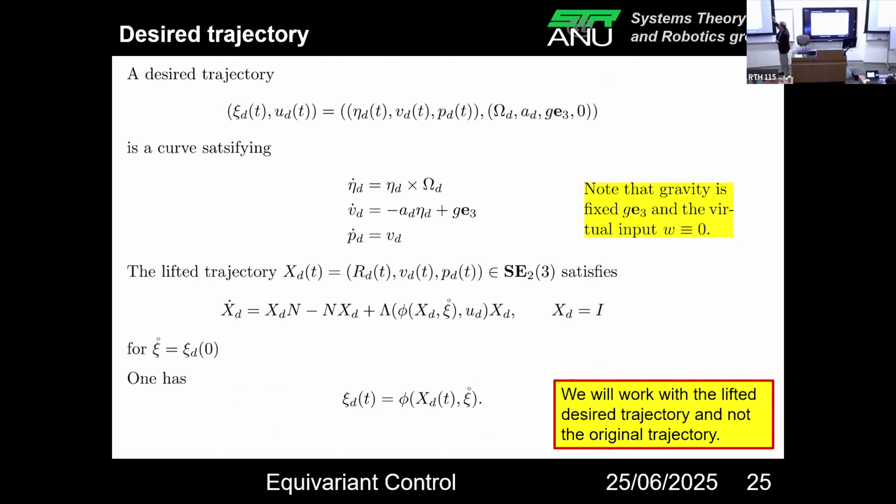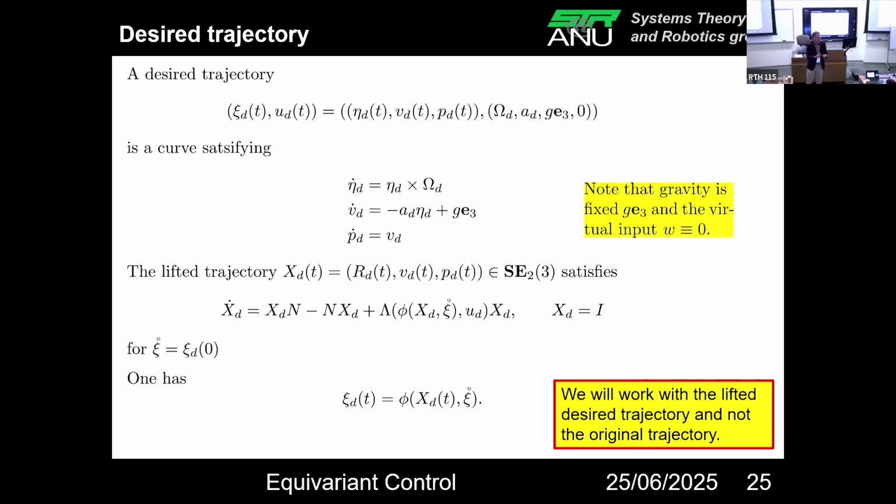So what we want to do is trajectory tracking, and this is the interesting part. We have a trajectory, eta d, vd, pd, with inputs ud, omega d, ad, omega d, and that's a feasible trajectory. But it's really hard to formulate an error between the trajectory on the actual manifold and the system on the actual manifold.